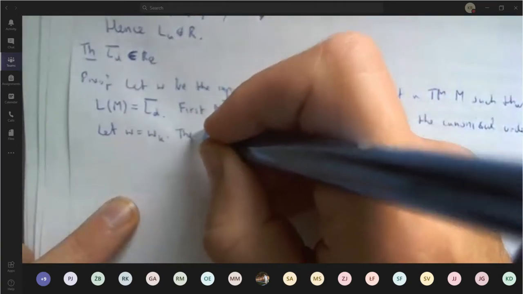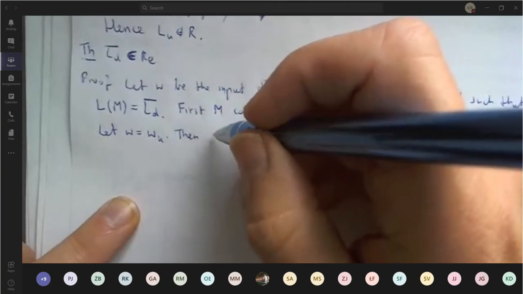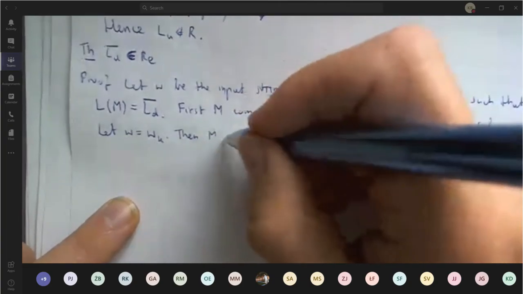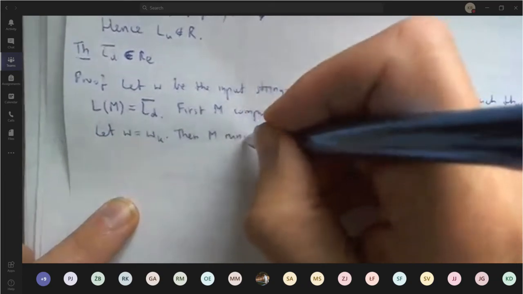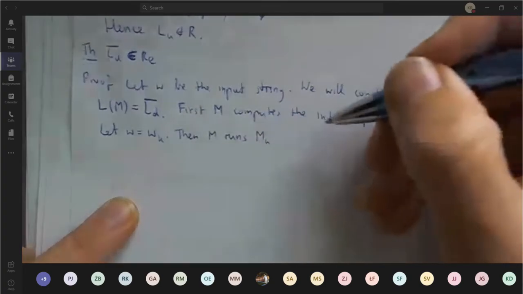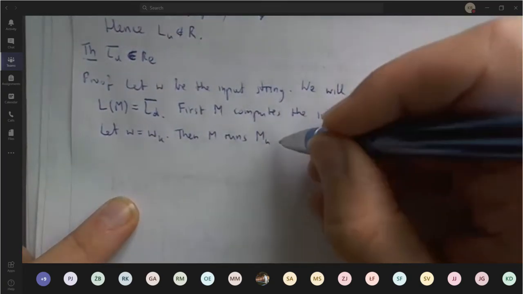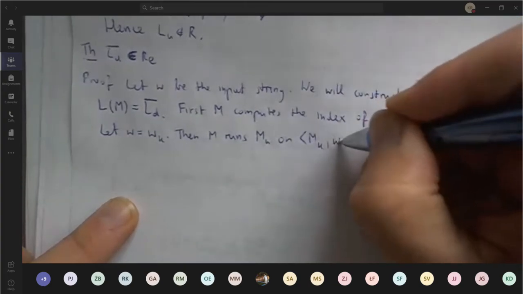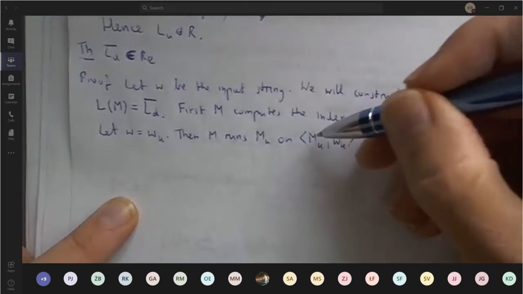Then M runs M_U, the universal Turing machine, on the input string M_K W_K. So this is WW.